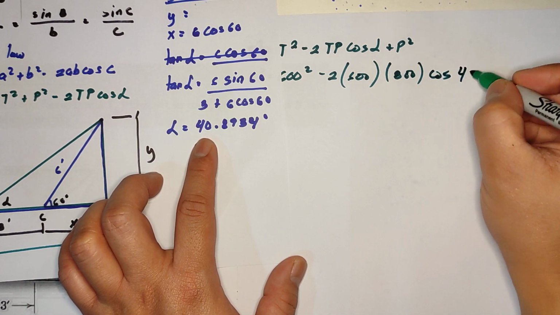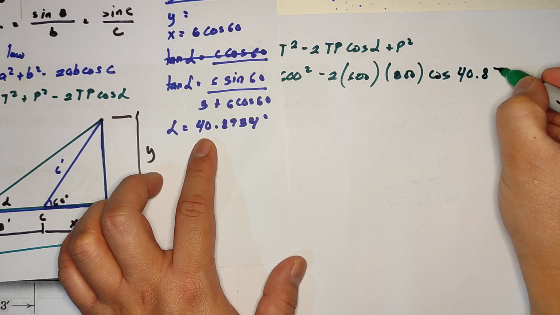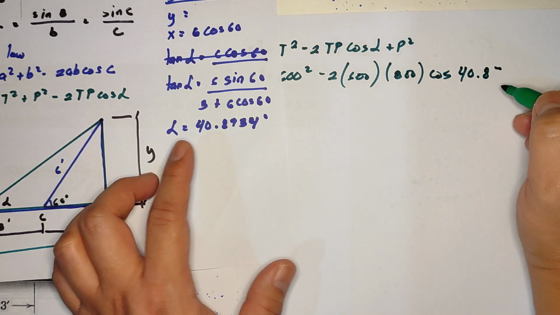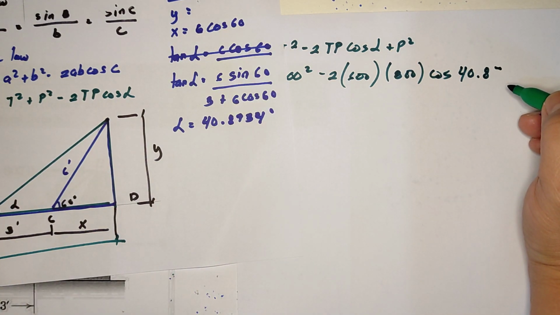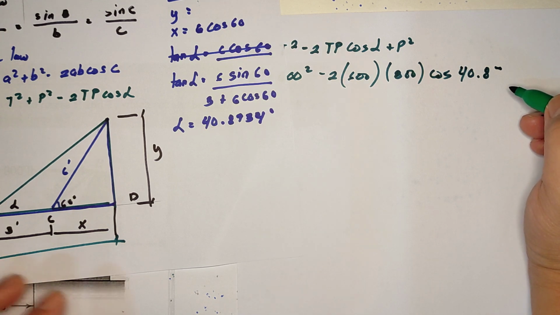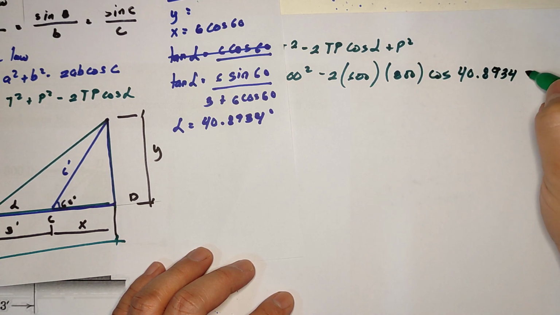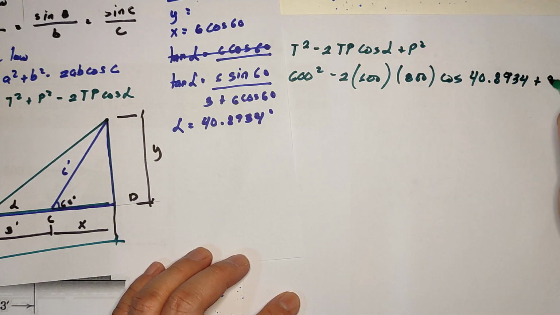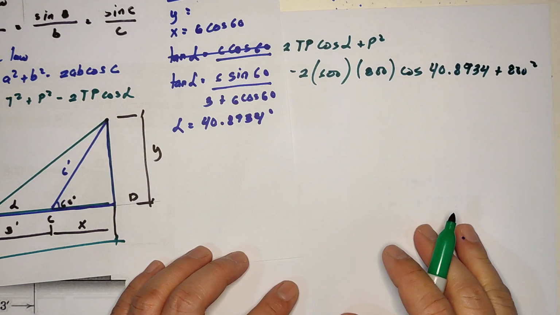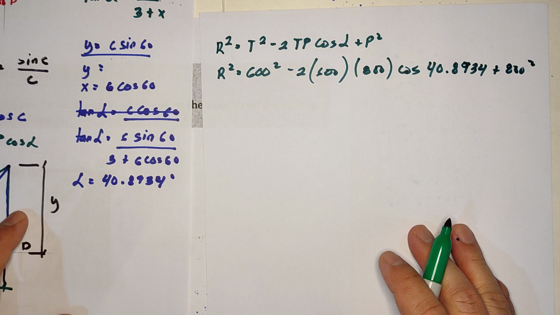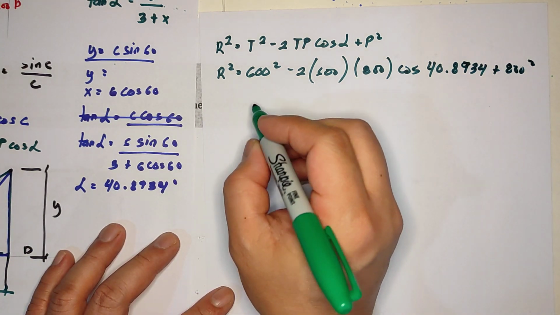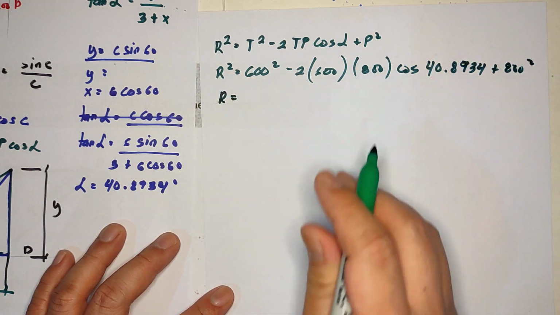40.8934. I don't know my handwriting anymore. That is 8934 plus 800 squared. So you can now compute for the r.